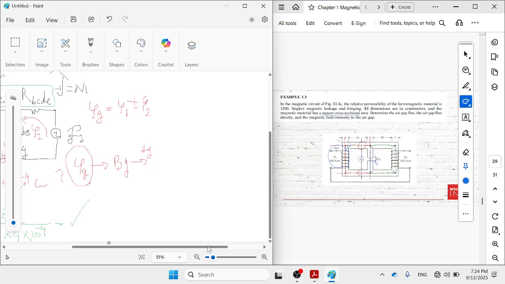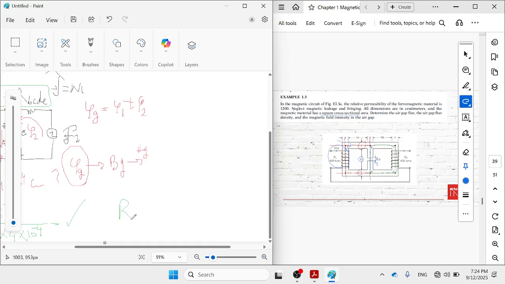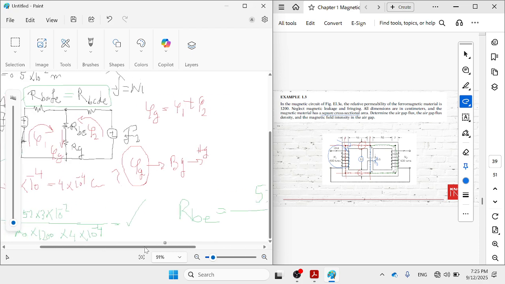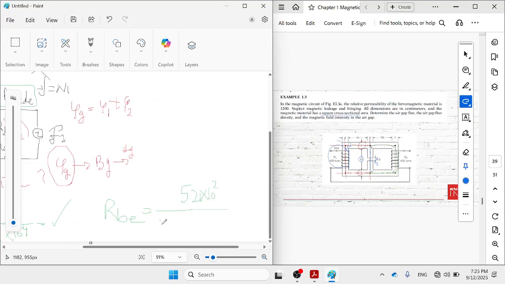Next step is the reluctance of RBE. In the same way, we know the length, which is only 52 times 10 to the minus 2. The denominator is the same, mu 0 times 1200 times 4 times 10 to the minus 4.